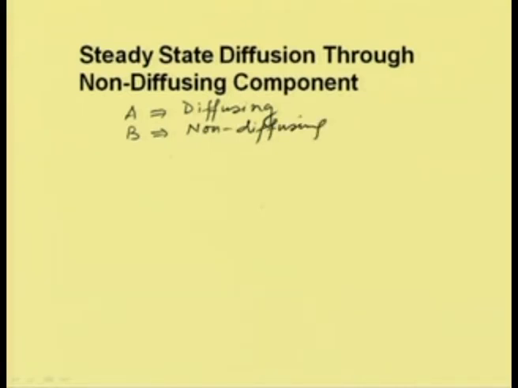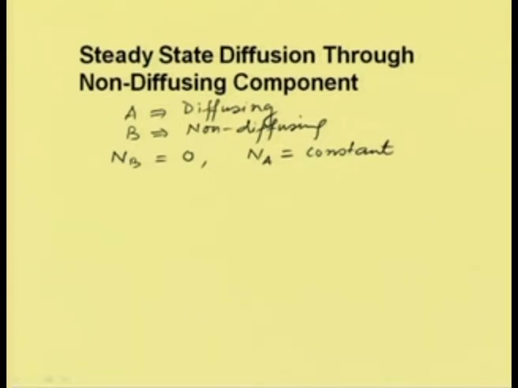In this case, since B is non-diffusing, the flux for component B, N_B, will be 0, and the flux for component A will be constant.